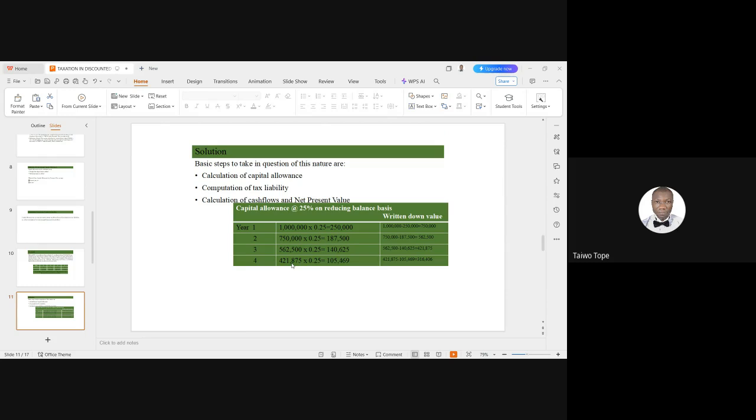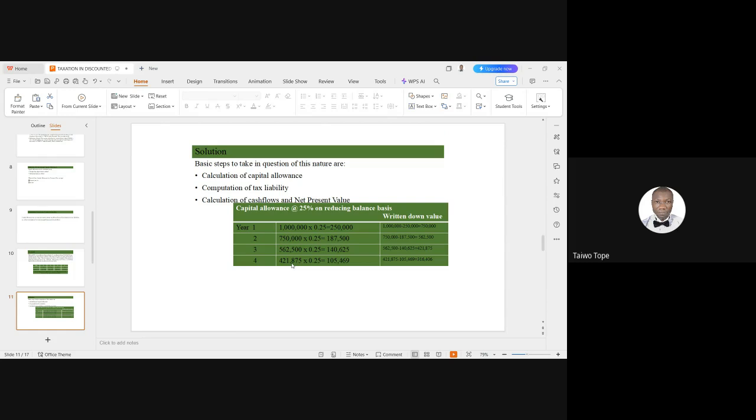So 750,000 minus 187,500 gives you the balance we are to use in year three, which is 562,500. In relation to 0.25, you have 140,625 as the capital allowance in year three.